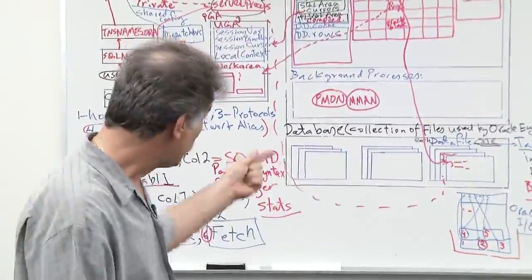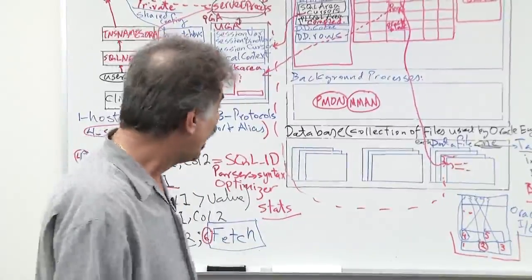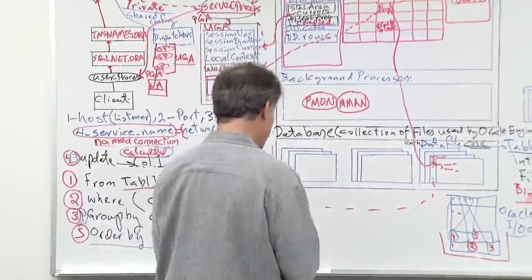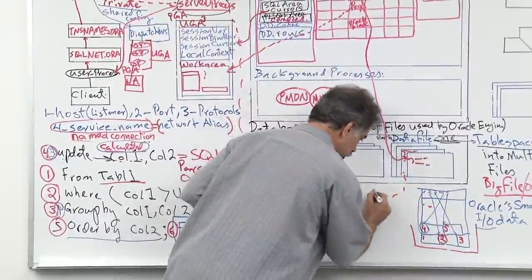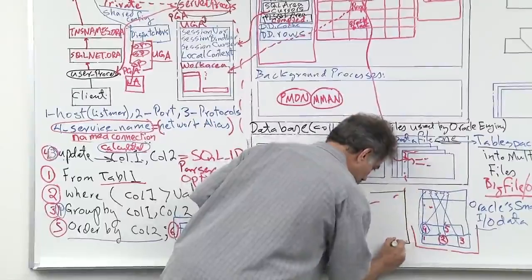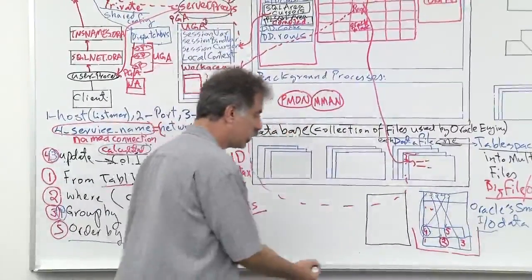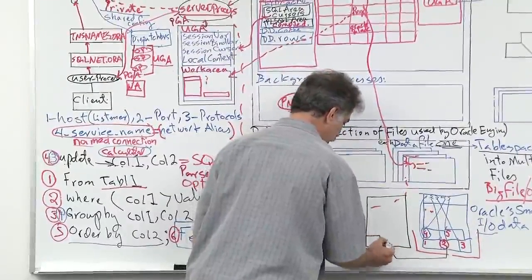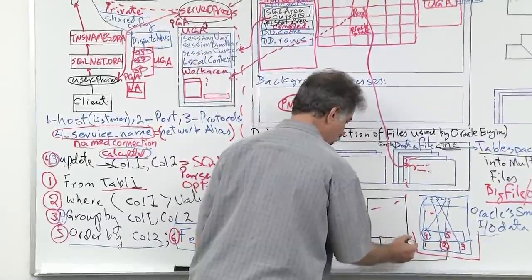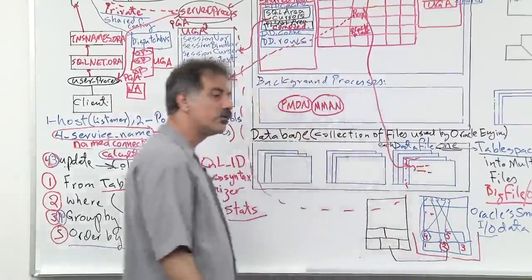Therefore, when I make the change that is in my DML, I will have to now create a new version of this block. In this new version, I have changed row number 2. So here is row number 1, there is row number 2 that was changed, then rows 3, 4, and 5.